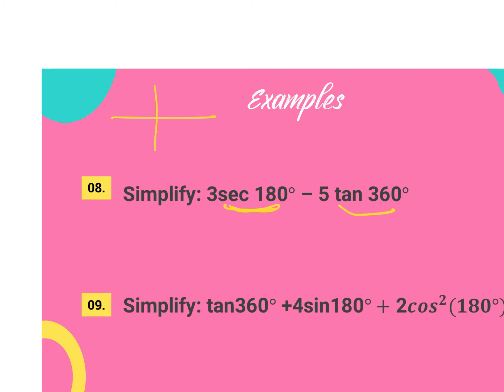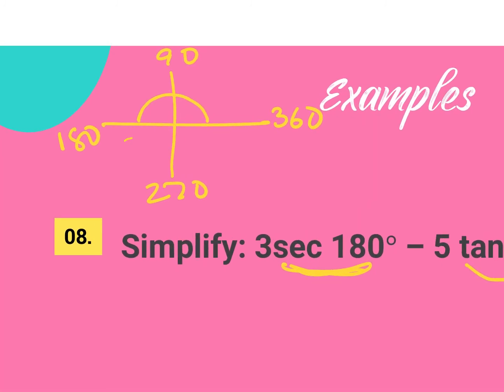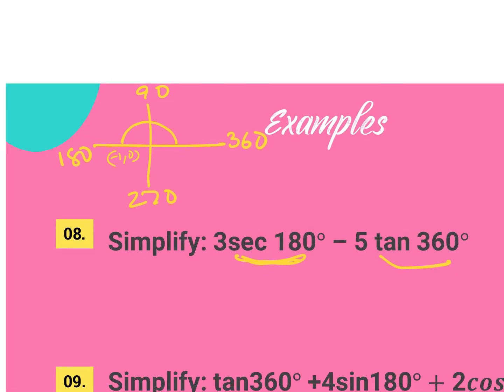So over here, my 180-degree angle is here, 360 is here, 90 here, 270 here. So for the 180, this is where we use the order pair, the -1, 0. For secant, remember secant is the reciprocal of cosine, so r over x.